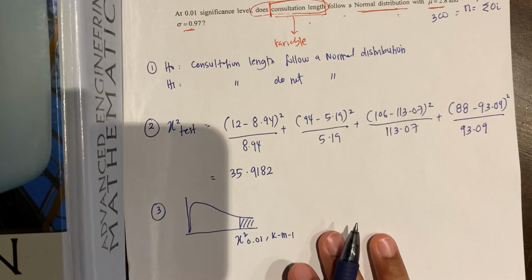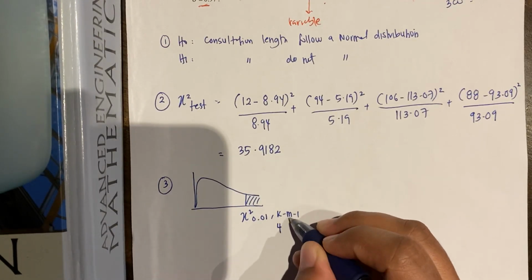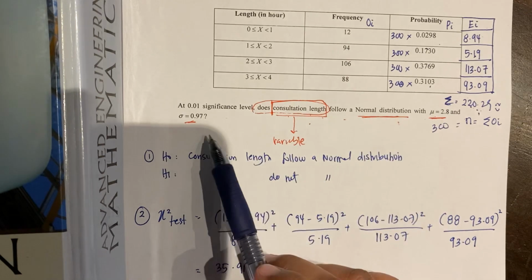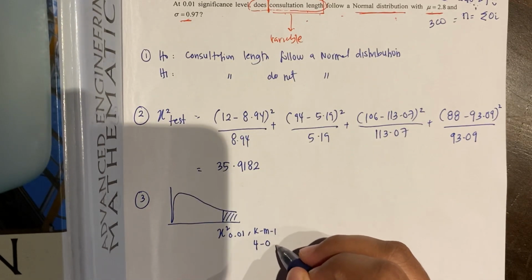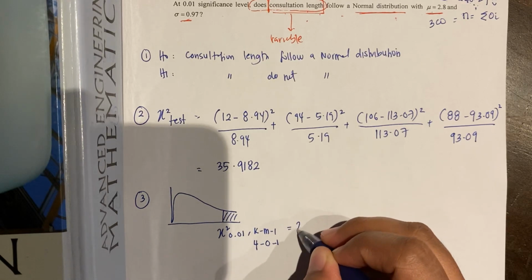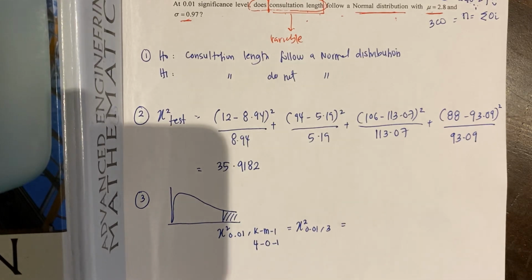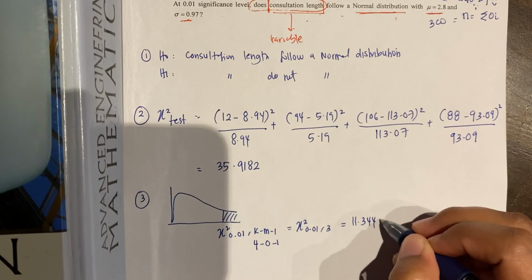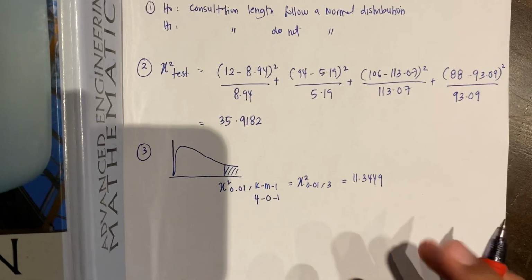M is the number of parameters that we calculate from the sample data, but here both parameters are given for the normal. So m is 0, minus 1, so we have 3. Find your statistical table and you will have 11.3449.